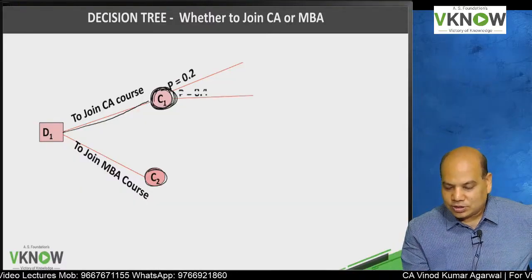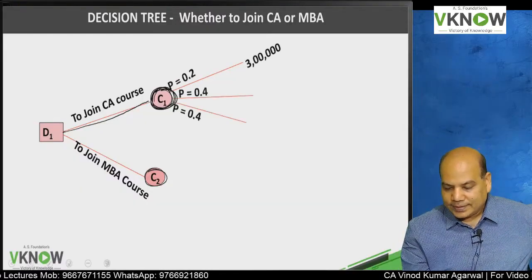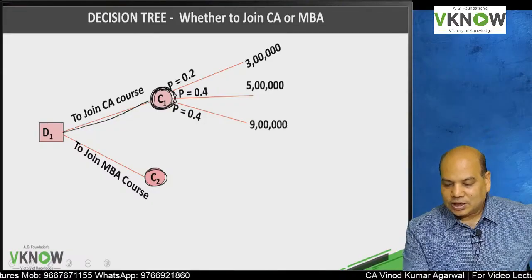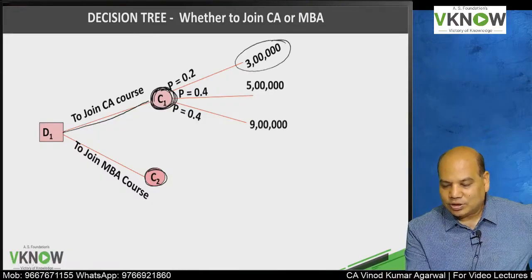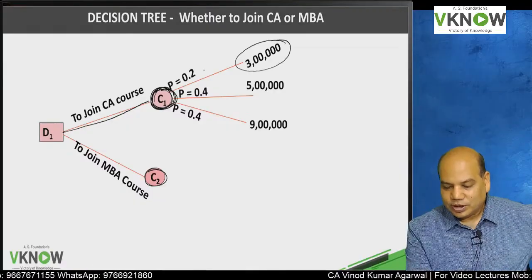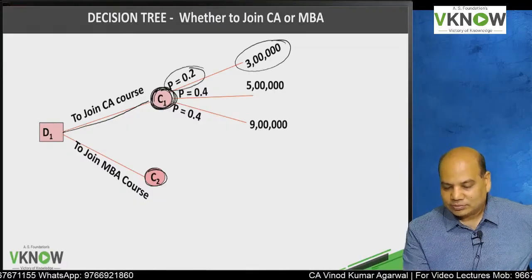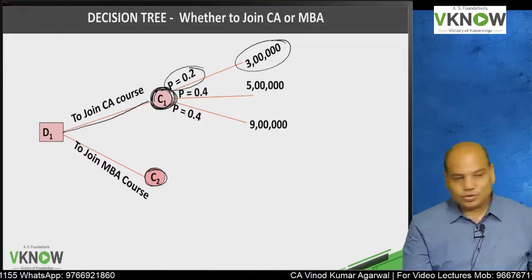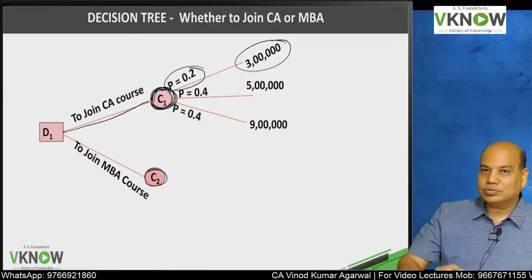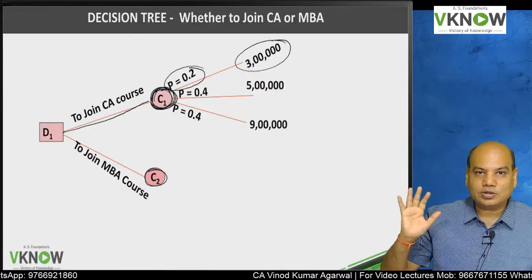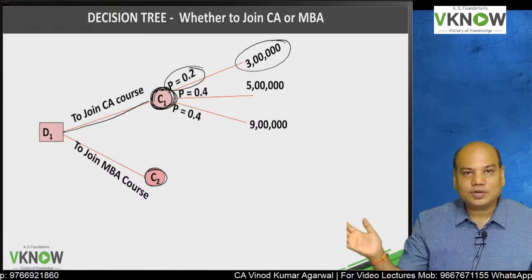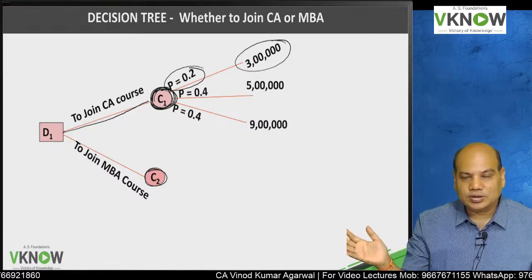So the consequences are, you will get a salary of 3 lakh rupees only. Suppose you have taken multiple attempts to pass, whose probability is 0.2. We will include probability also because outcomes can have different possibilities.